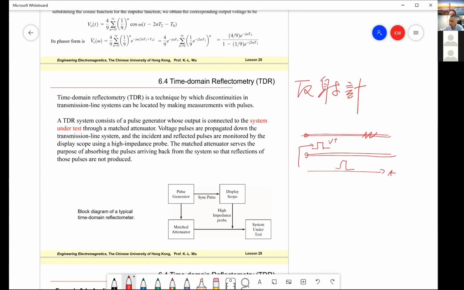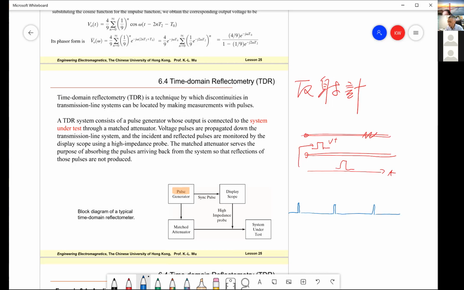So let's see what a basic system diagram for such time domain reflectometry looks like. We have a pulse generator, so we generate a pulse. The pulse is relatively narrow, and then after a long time, we send again, and send again.